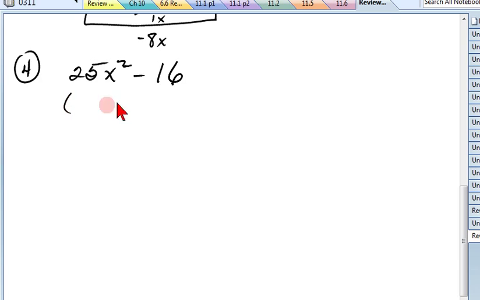This is the difference of squares. The difference of squares factors into sum and difference product. 1 plus, 1 minus. I need 5x plus 4 and 5x minus 4. Still not an equation, just a polynomial for me to factor.